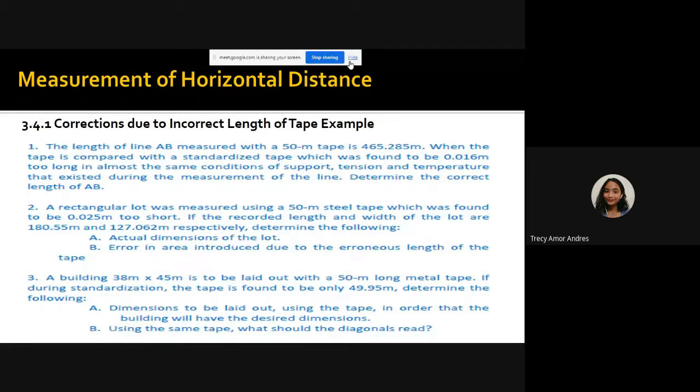A. Actual dimensions of the lot. B. Error in area introduced due to the erroneous length of tape. So the lot was measured using a nominal length 50-meter tape, which is too short.